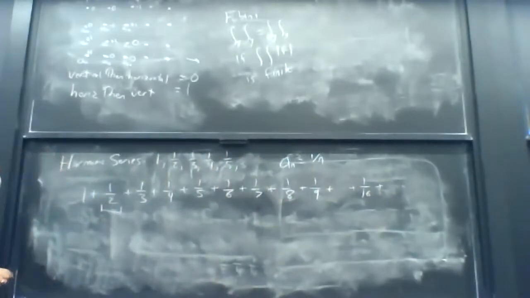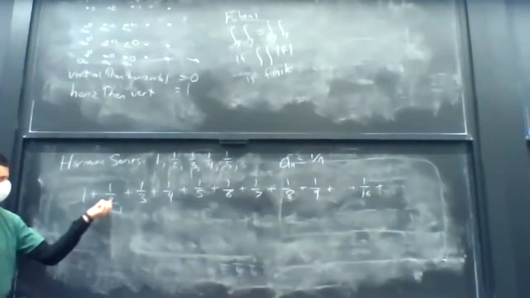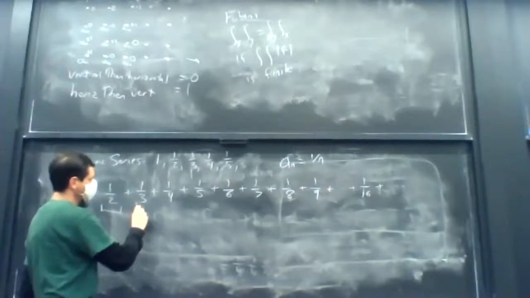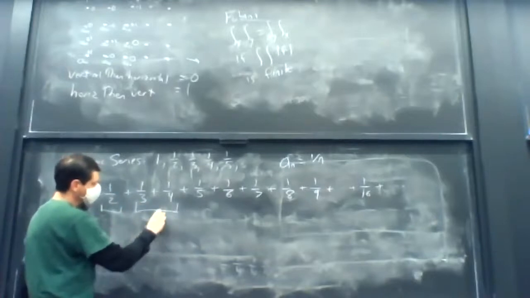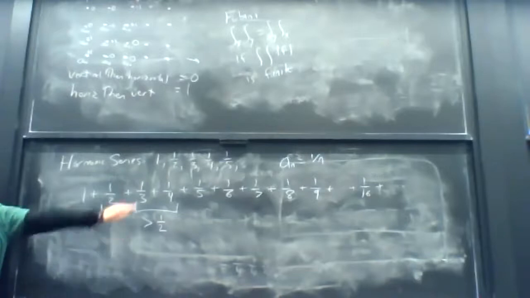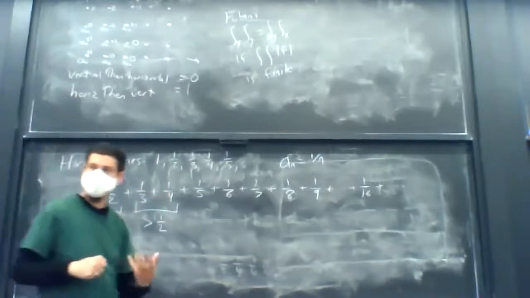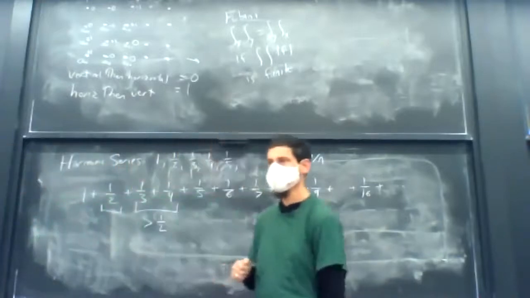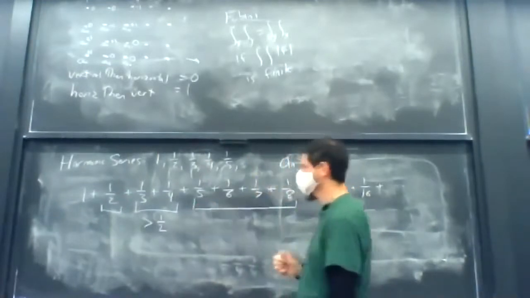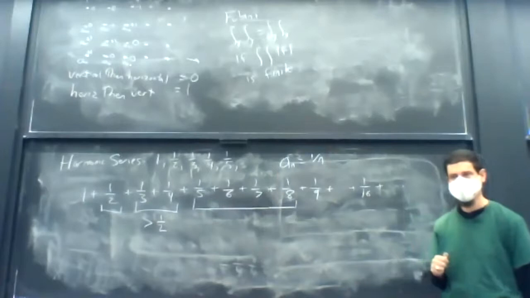So do you agree, if I look at just this term, that this is 1/2? Do you agree that the sum of those terms is greater than a half? Because I have 2 terms, and each term is at least 1/4. On the next one over here, I have 4 terms, and each term is at least 1/8.